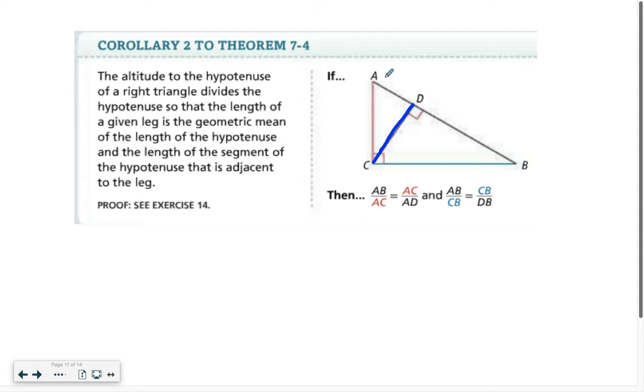So AB, that hypotenuse, over that leg would be equal to that leg over that segment. So basically what we did on the last question, this is the corollary stating how to set up those ratios every single time.